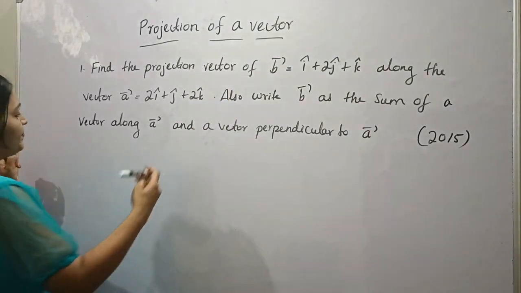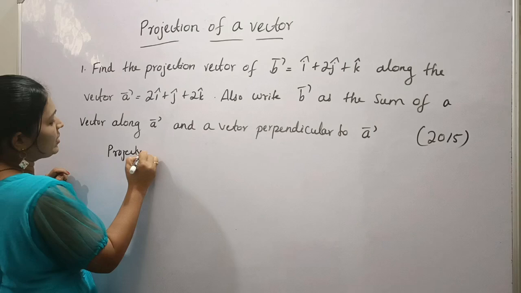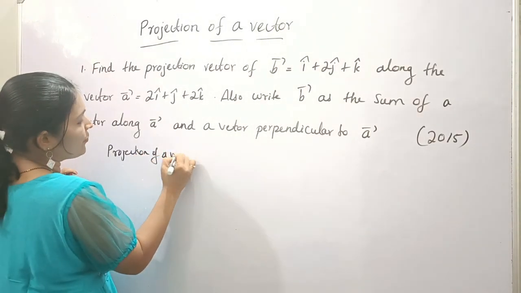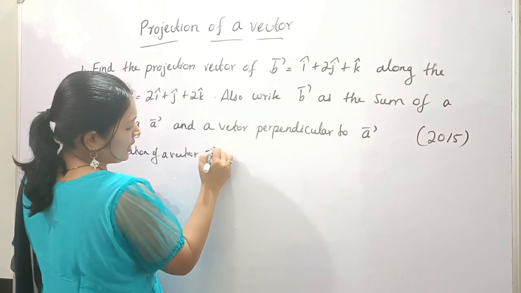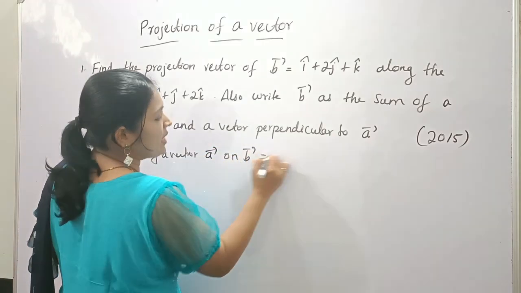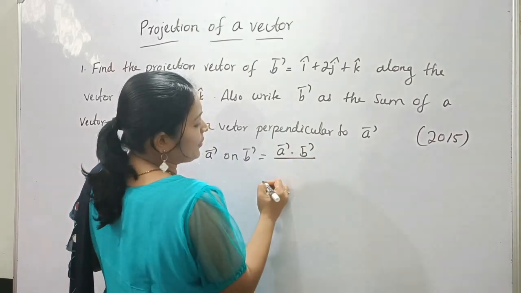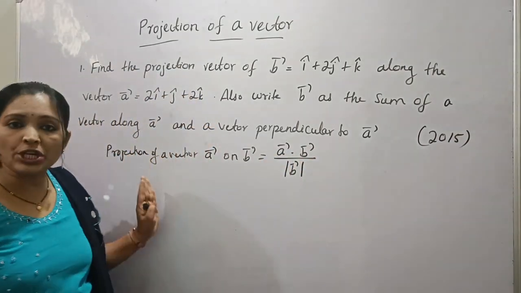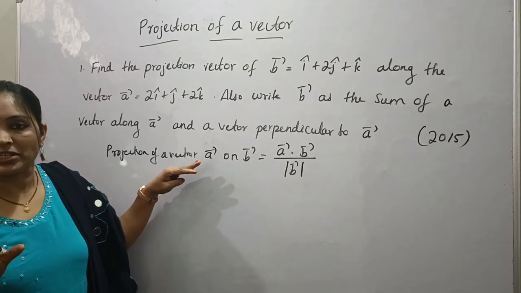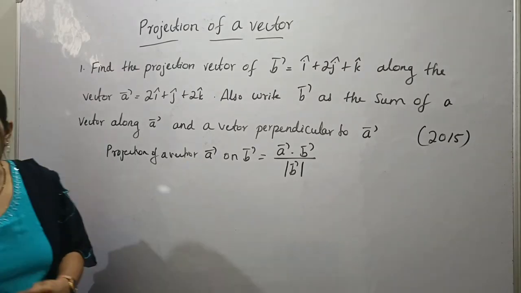Okay, so here, see, here we studied that projection of a vector A on vector B is equal to vector A dot vector B divided by modulus of vector B. Right? It is the projection of a vector. It is a scalar quantity. Okay, now, what is the projection vector of a vector on another vector?